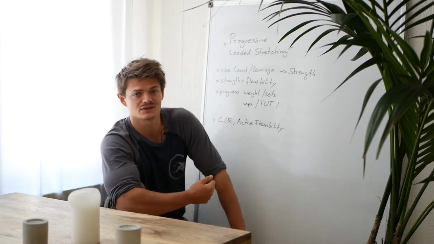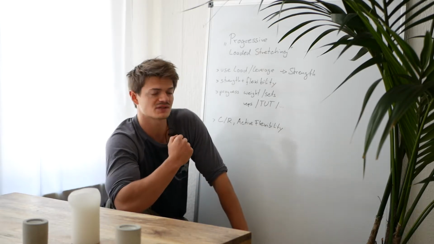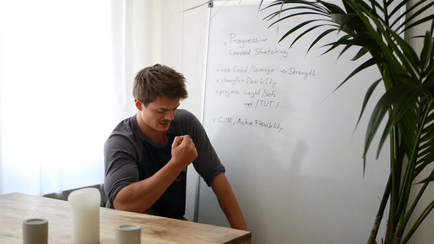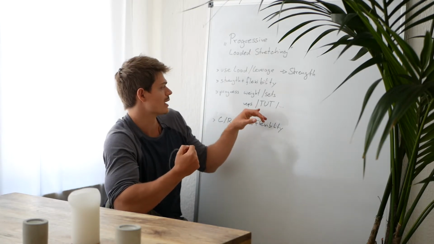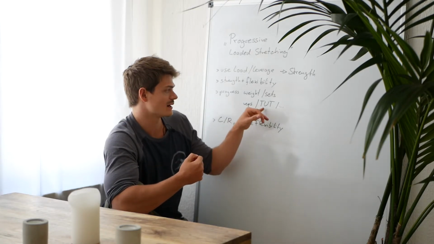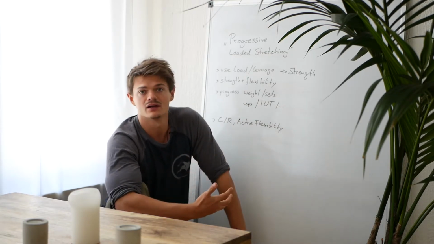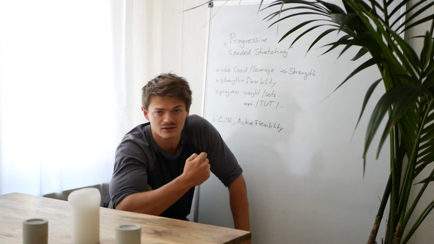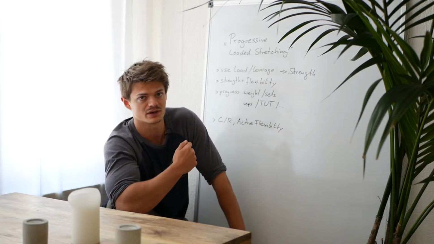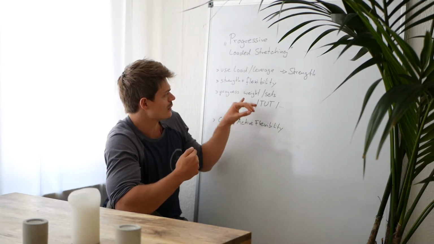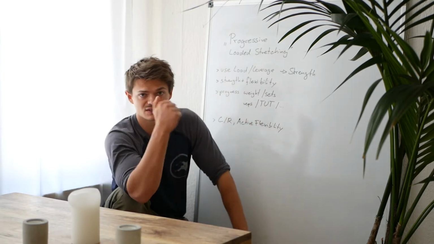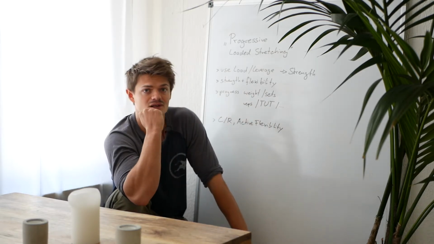So for example, you start by 3 to 5 reps and then you increase to 8 reps or something like this. And you could also progress with the time under tension, which basically means the duration of one rep. For example, sitting in a pancake for 1 minute or 2 minutes or whatever. And by progressing all in these variables, you will get stronger and you will get more flexible hand in hand, which is super nice.